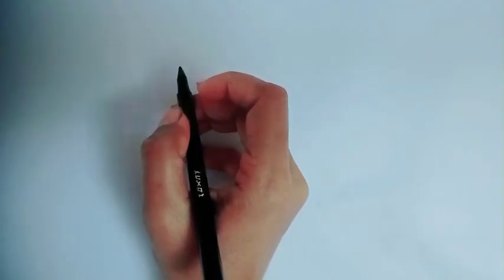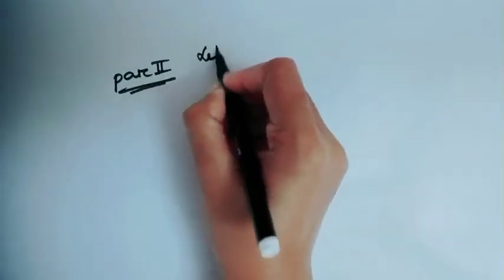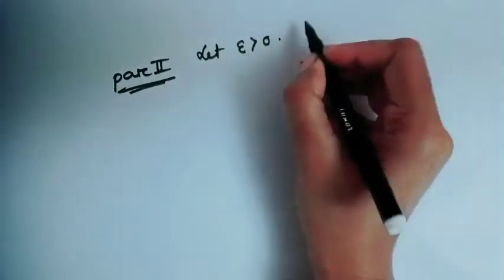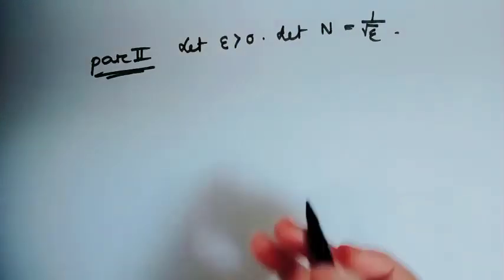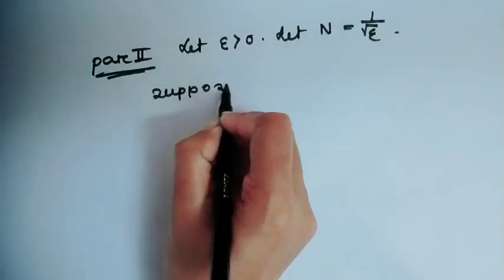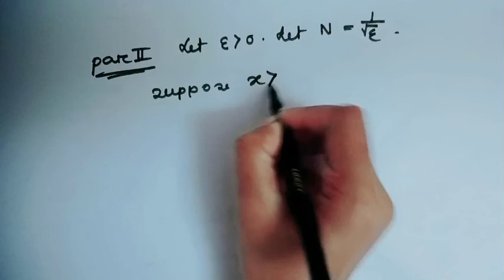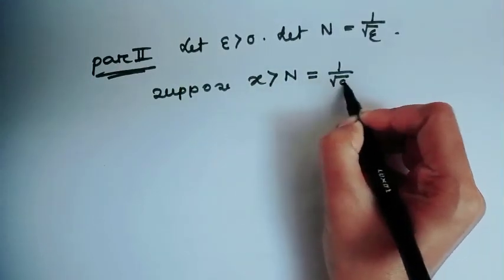Now let's see the actual definition. Part 2. Let epsilon be greater than 0 and let N equal 1 over square root of epsilon. Okay? Suppose x is greater than N, where N equals 1 over square root of epsilon.